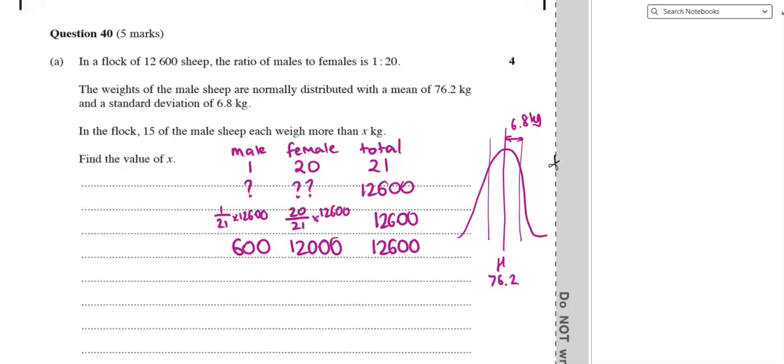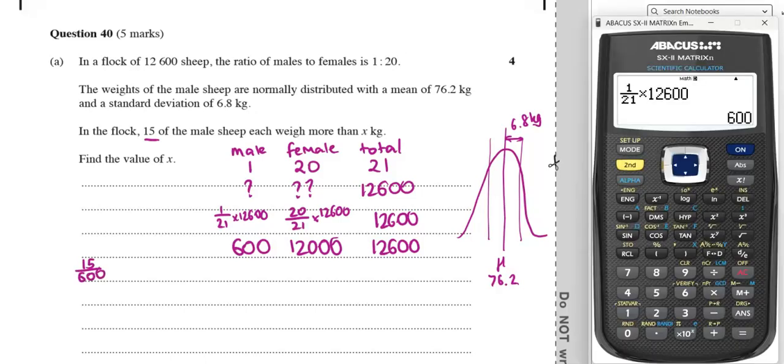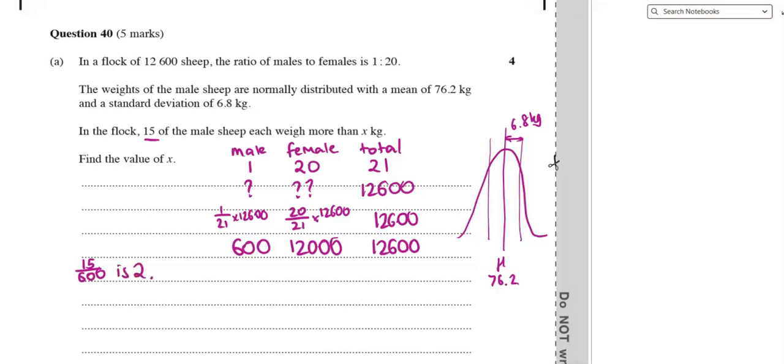So let's work out how many we're interested in. 15 of the 600 sheep is what percentage? 15 over 600 given as a percentage is 2.5%. Now I know that one standard deviation is 68% of the values.